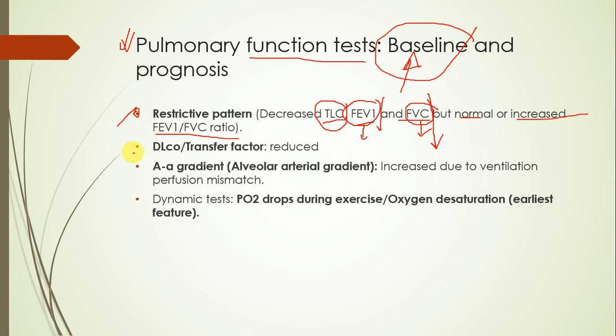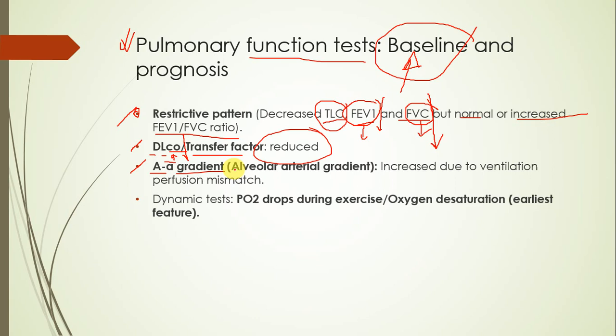And as the interstitium is fibrosed, the carbon monoxide transfer will be low. So the transfer factor or diffusion capacity of lung for carbon monoxide will be low. And the A-a gradient will be high, the alveolar-arterial gradient, because there is a barricade in between those two parts, alveoli and artery.